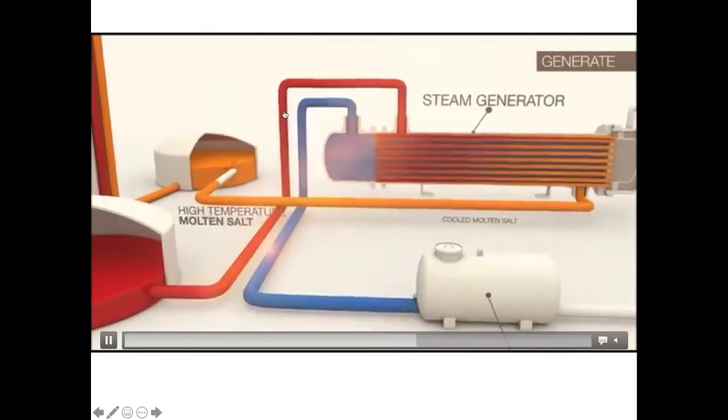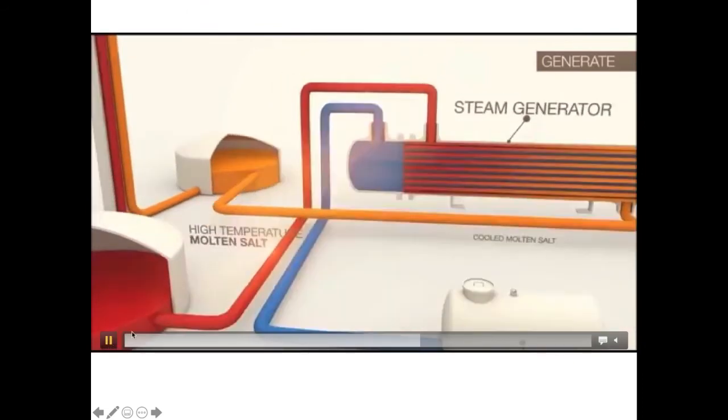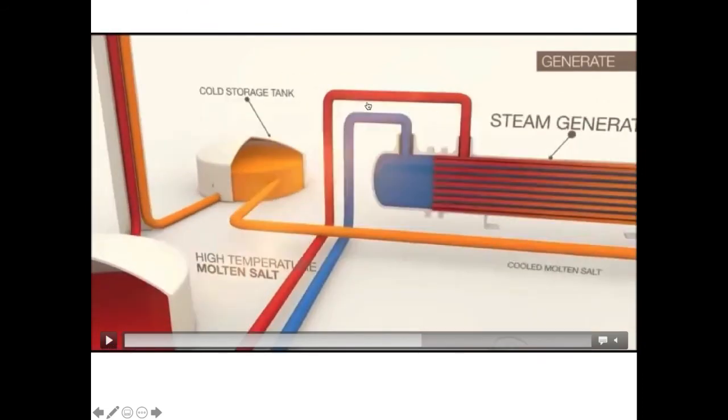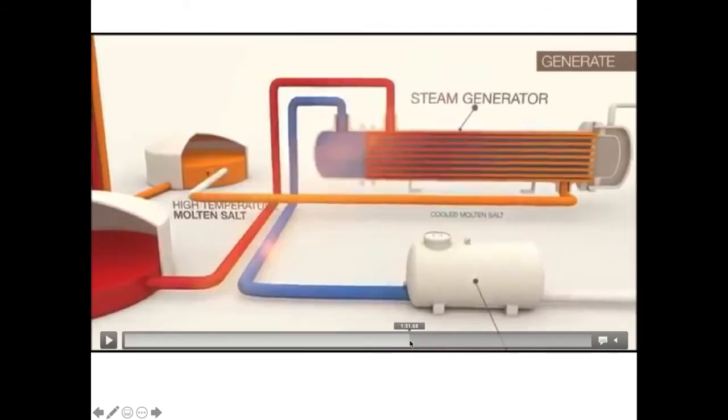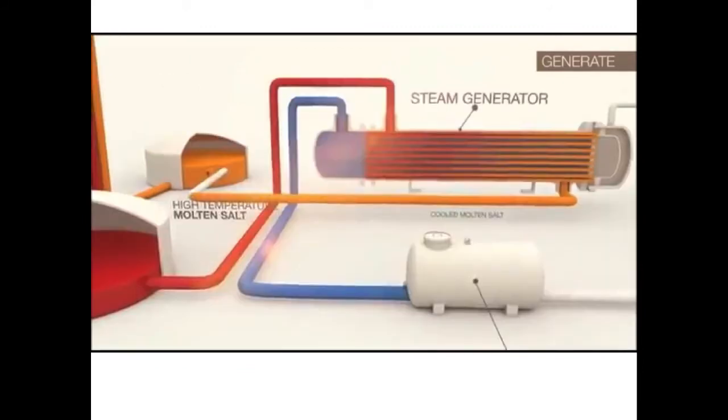If the salt is 1,000 degrees, then we can exchange that energy, or that heat transfer, from the molten salt in red to initially room temperature water in blue, and that allows the room temperature water in blue to be converted to steam, and that steam can turn a turbine and turn a generator and produce electricity, which is identical to how we use nuclear and natural gas and oil and coal.